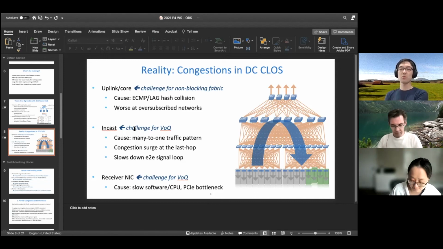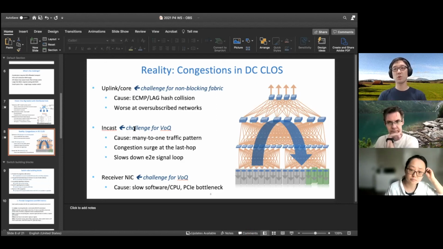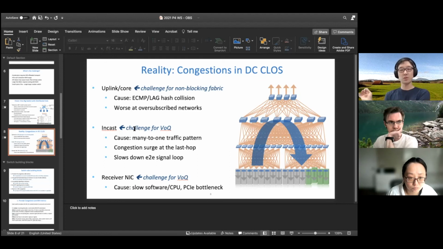Basically, flow queuing at the receiver NIC is relatively possible compared to doing so at the switch side, because at the switch the number of physical queues is relatively limited compared to the entire number of flows that the switch has to handle. So one good way to handle it is a good design between the receiver NIC and the software infrastructure that can provide decent isolation per application.